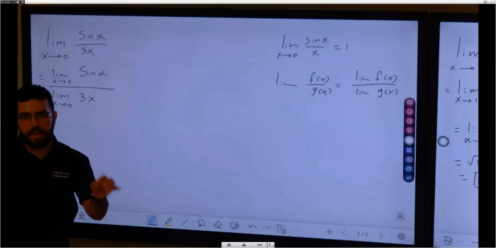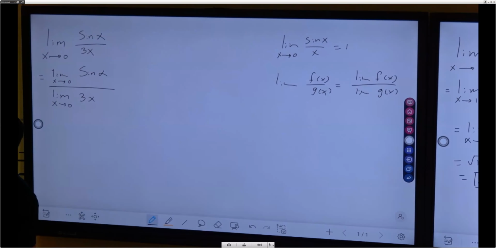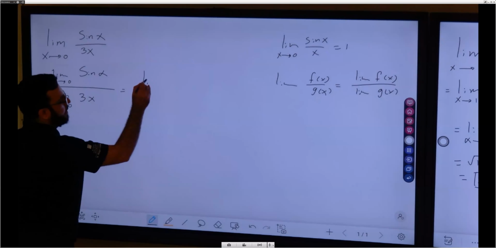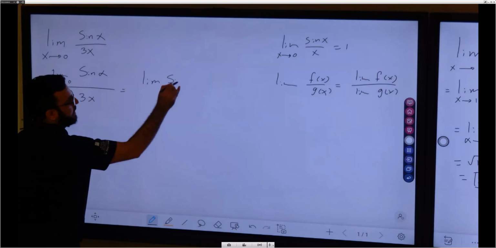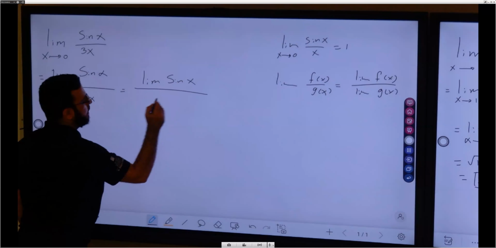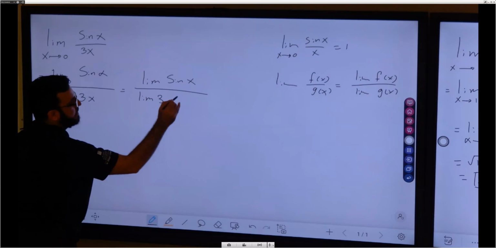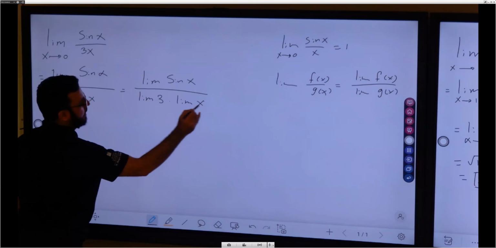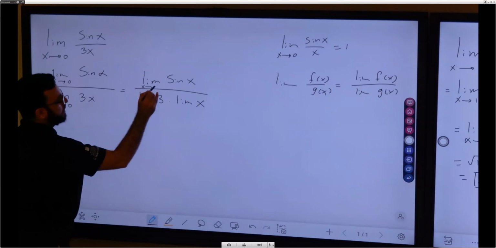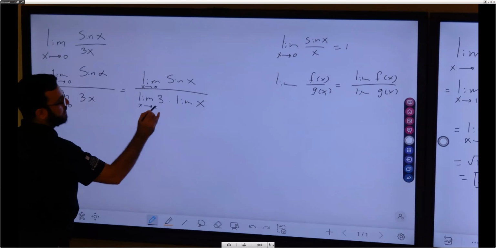Limit of 3 times x. Can I use rule number 2? The limit of the multiplication of two functions is the limit of the first one times the limit of the second one. So that means here is the limit of sine x over the limit of 3 times the limit of x. Yes or no? Of course, x to the 0, and x to the 0.